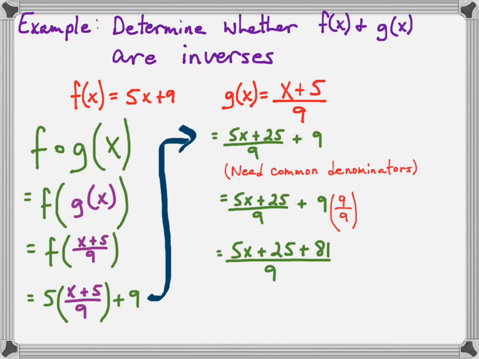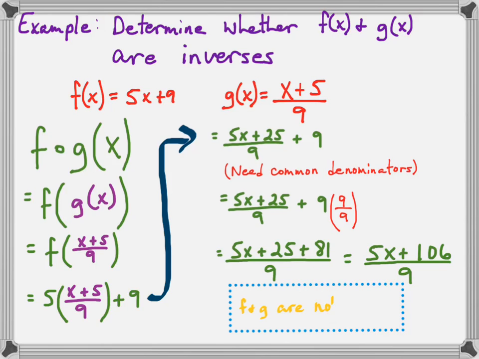And since they have common denominators, we make them into the same fraction, combine the 25 and the 81, and we get 5x plus 106 over 9, because 25 plus 81 is 106. Okay, so from there, we can tell that f and g are definitely not inverses.